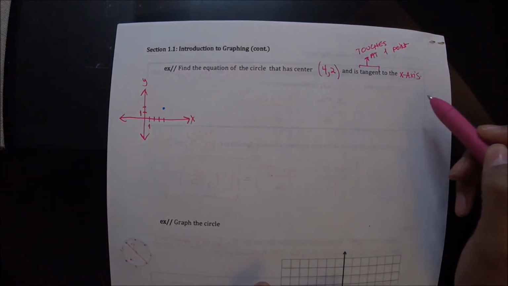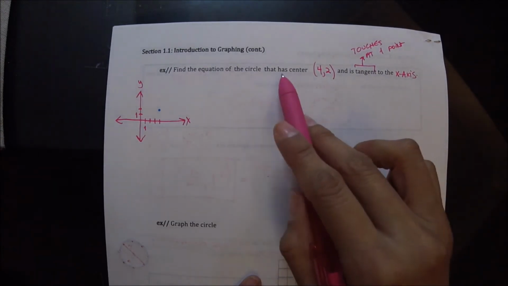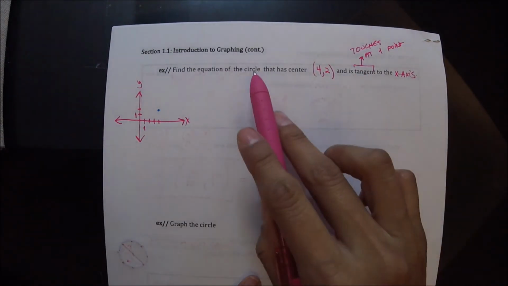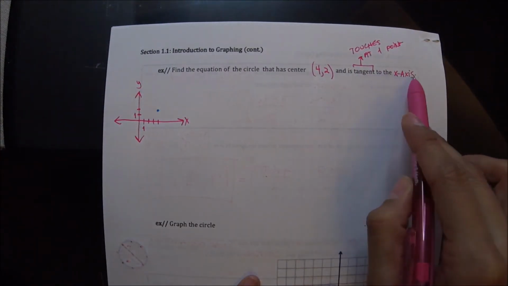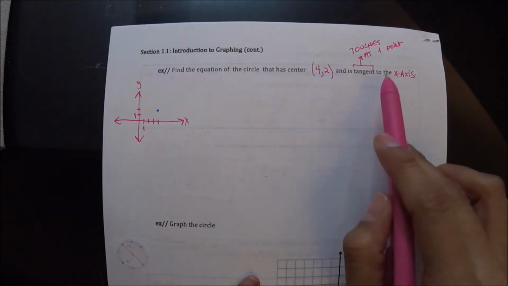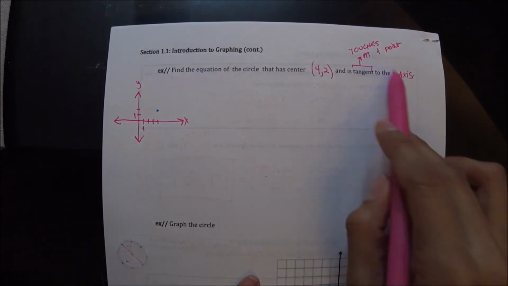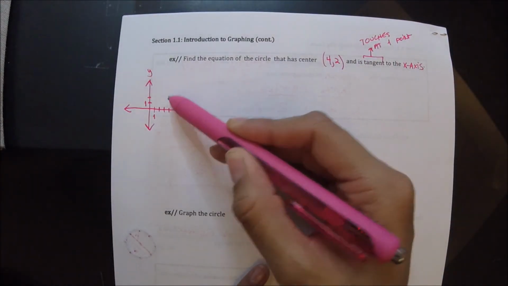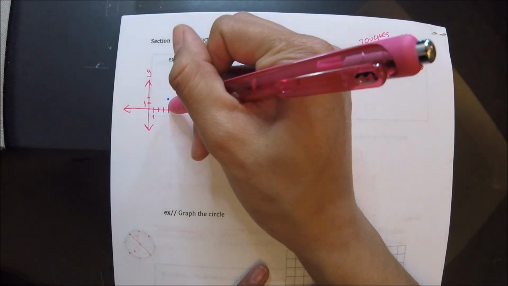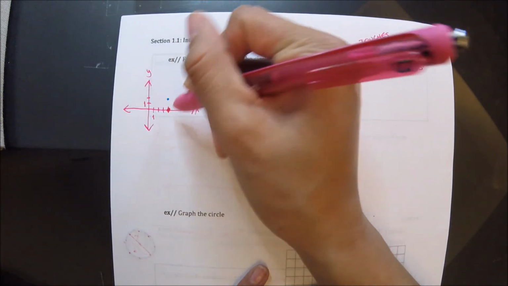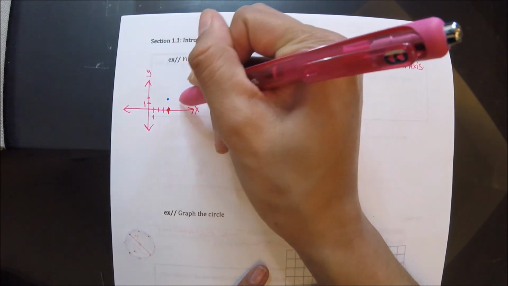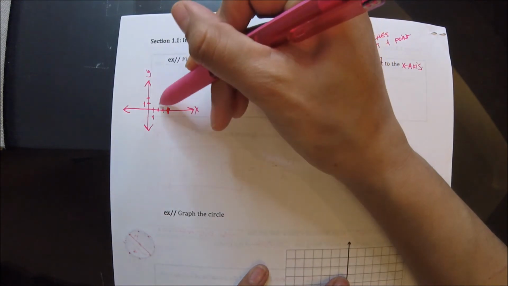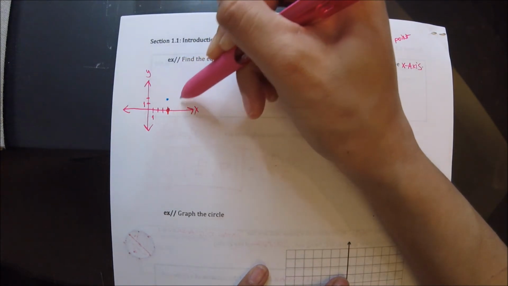Now, the other thing that we know is that the circle has to be tangent to the x-axis, meaning the circle has to touch the x-axis at one point. Well, if that's the center of the circle, then the circle would touch the x-axis right here. Our circle would look something like that eventually.